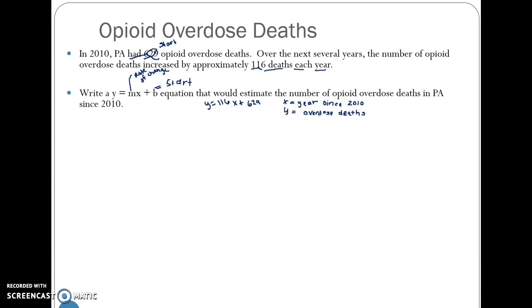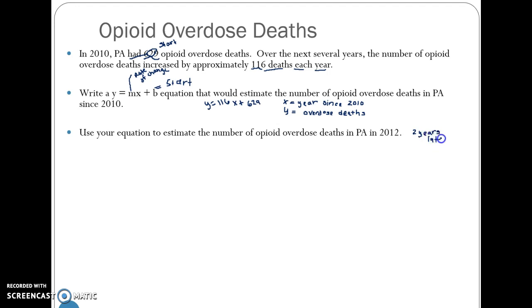So let's see what other questions we have related to this example. Our next question is to use the equation to estimate the opioid overdose deaths in 2012. So 2012 is 2 years after 2010.